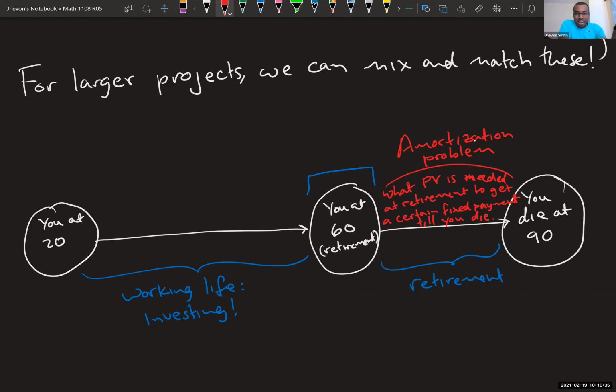Amortization is a very obviously appropriate word for that. Amortization, like I said, the root word actually comes from mortality, which means death, right? So you go to a financial planner.